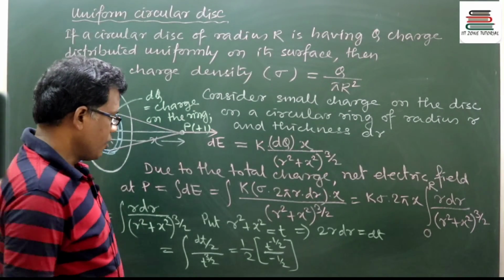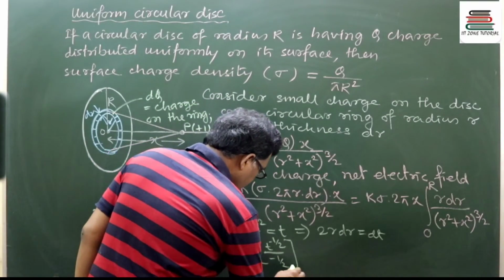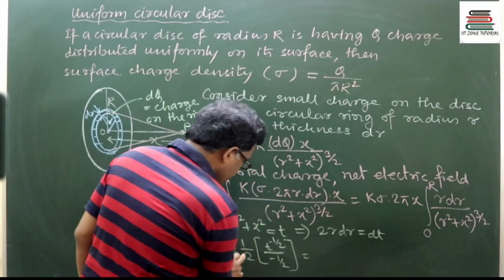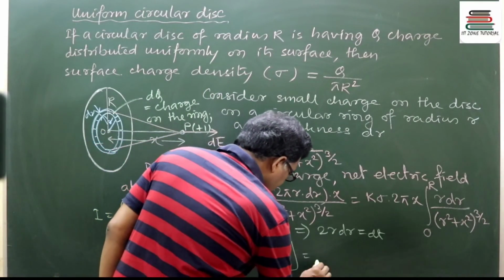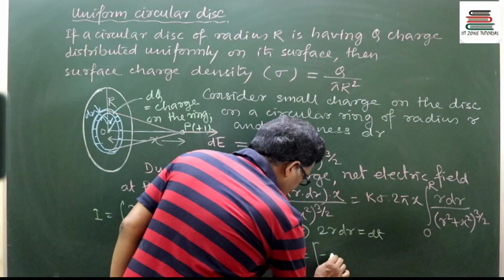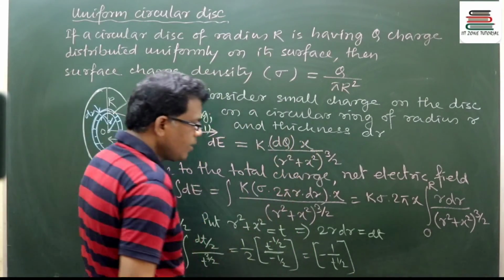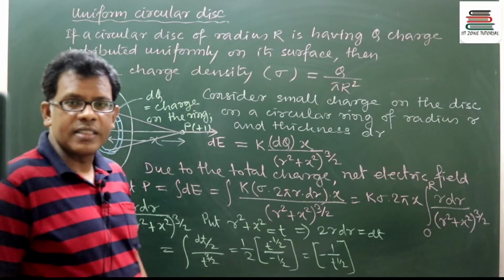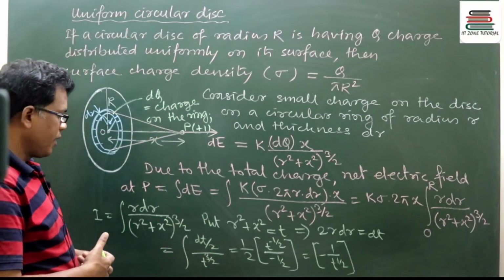Got it? So I can take this 2 in the numerator, and this half and this 2 cancel out. So finally it can be written as minus 1 by t to the power half. This will be the final result of the integration, minus of t to the power half.